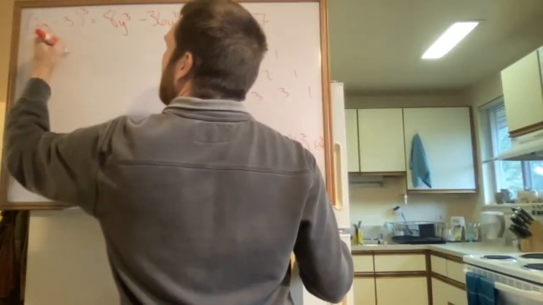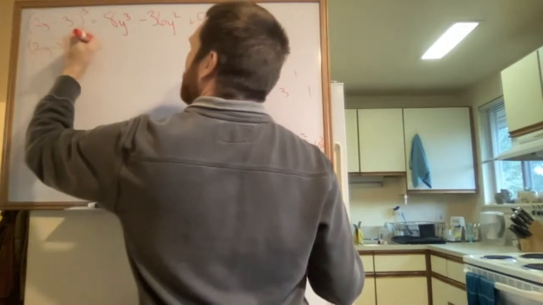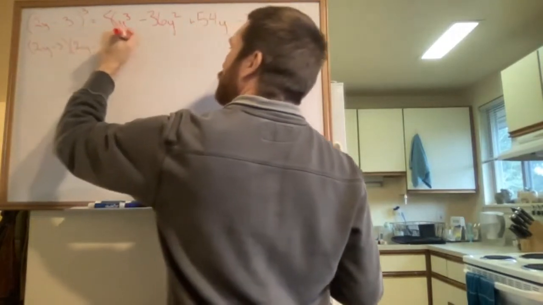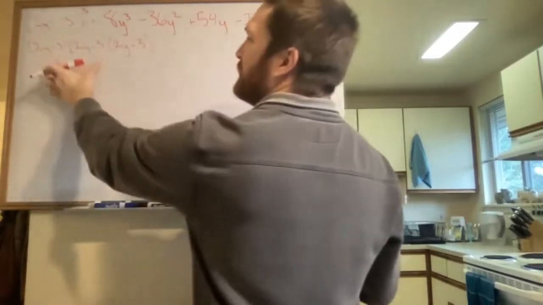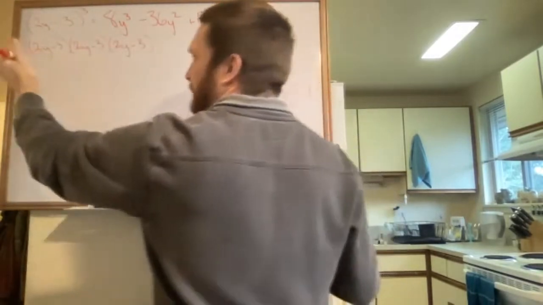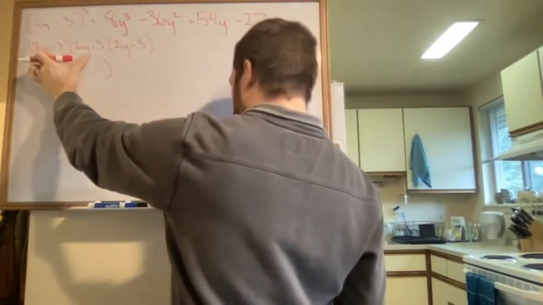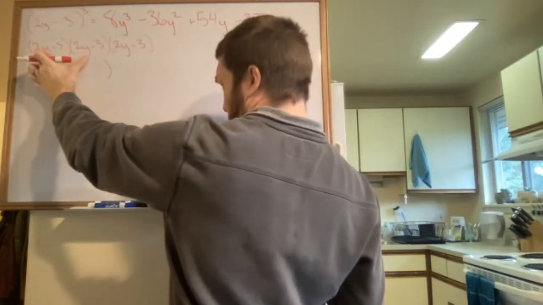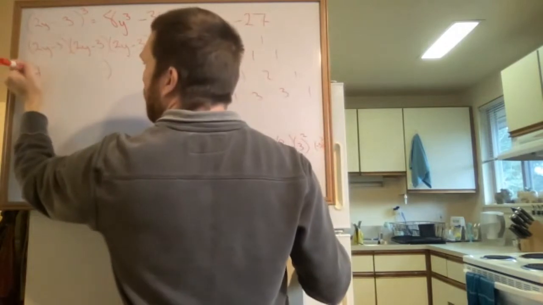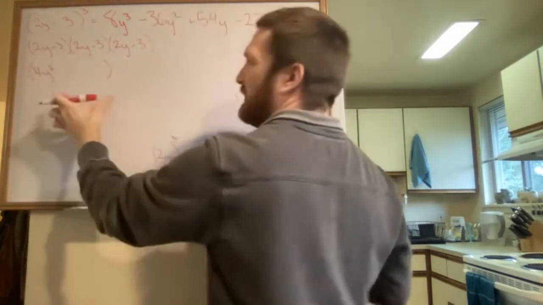2y minus 3, 2y minus 3, 2y minus 3. Okay, first, outer, inner, last on this first guy. What is first? 4y squared. Good. What's my outside?